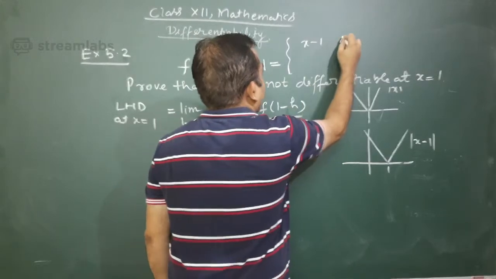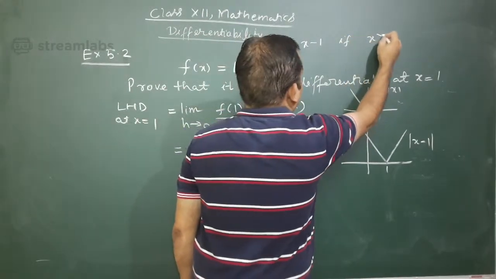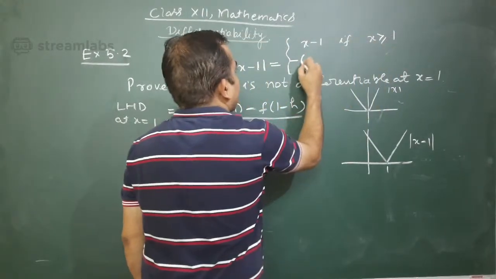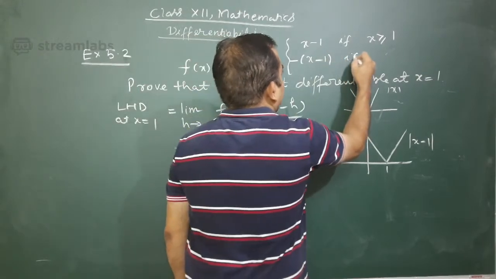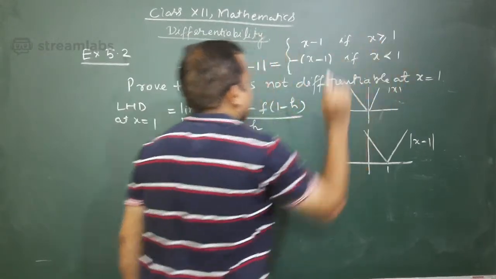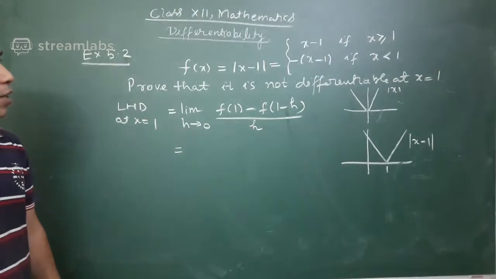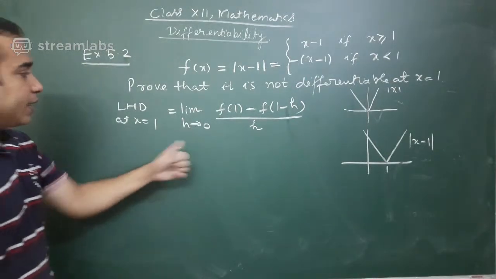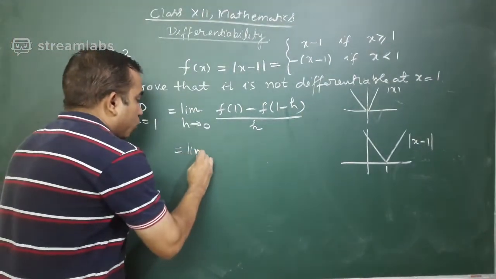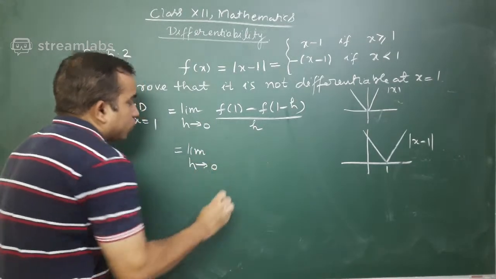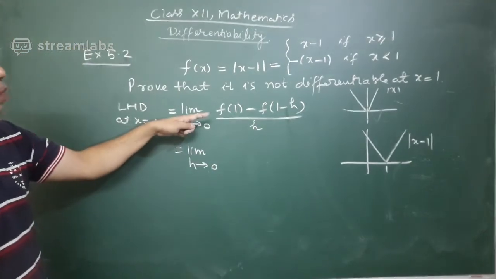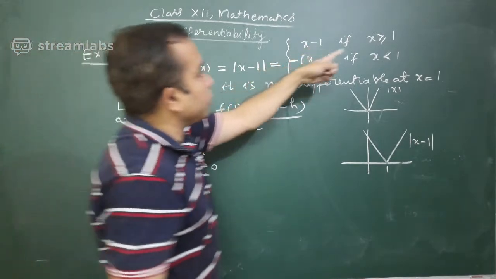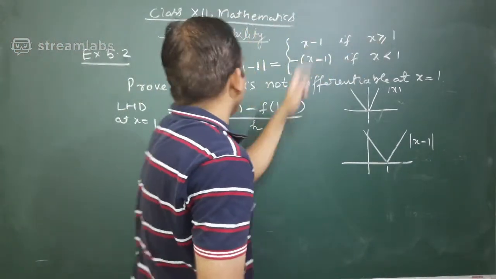This is x minus 1 if x is bigger than or equal to 1, and it is minus of (x minus 1) if x is lesser than 1. Keep this definition of modulus in mind. Then, to find this, what is f(1)? If you put x equal to 1, it is 1 minus 1, 0.